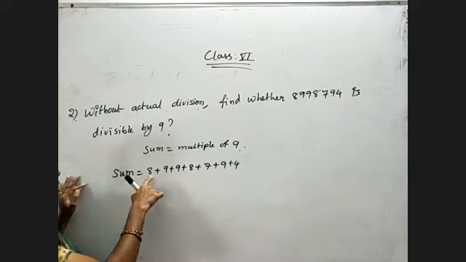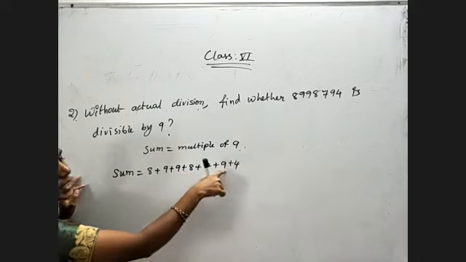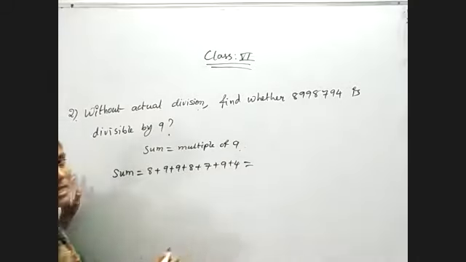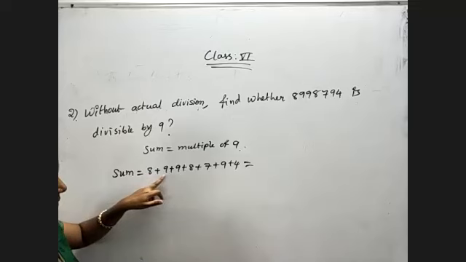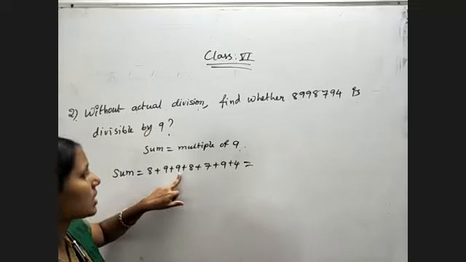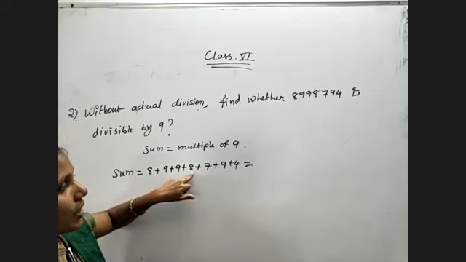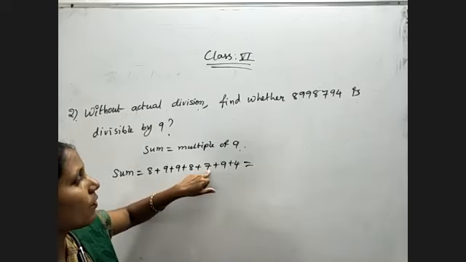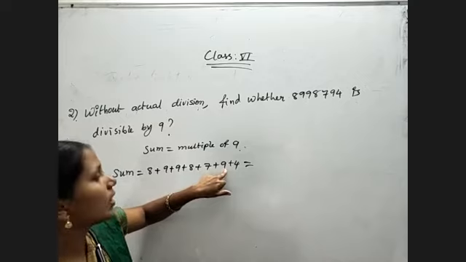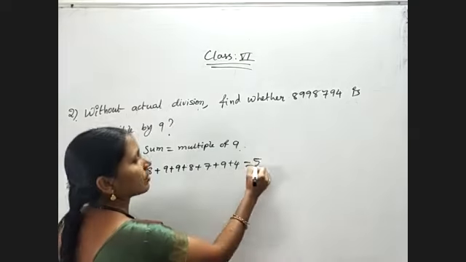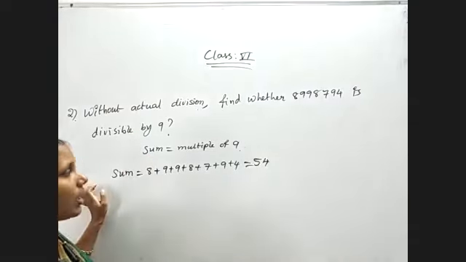Totally 7 digits are there. So 1, 2, 3, 4, 5, 6, 7. What is its sum? Find out. 8 plus 9, 17. 17 plus 9, 26. 26 plus 8, 34. 34 plus 7, 41. 41 plus 9, 50. 50 plus 4, 54.